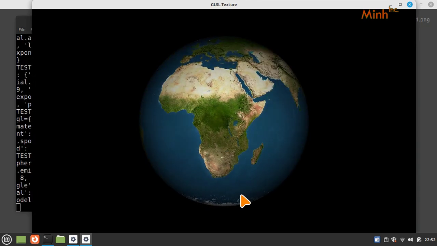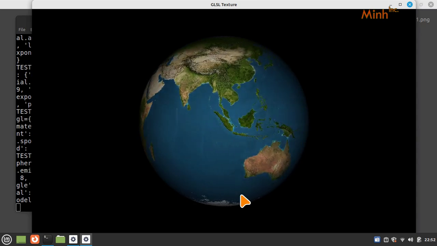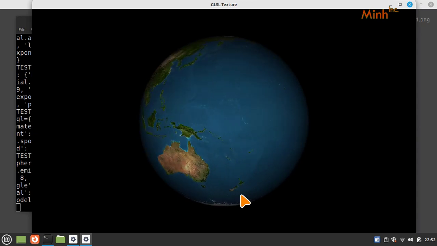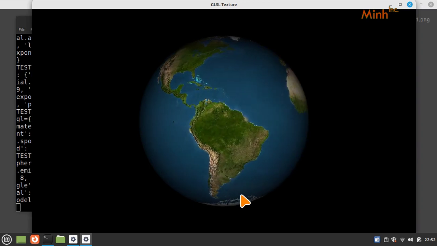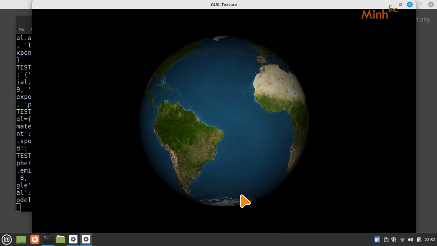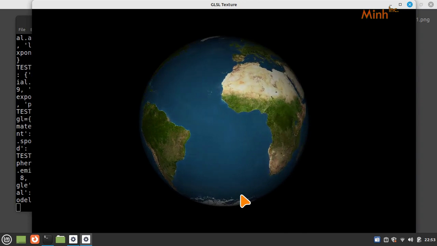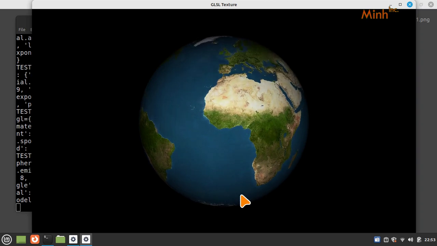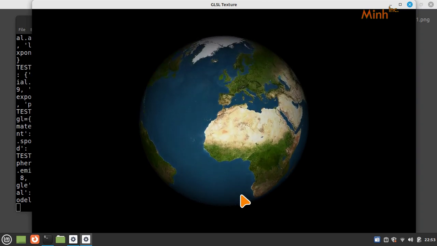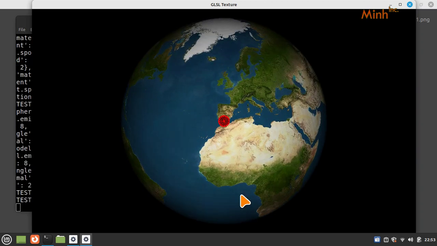One round it will make, it is becoming slower, and it should stop when it reaches. It is very slow now. It is really at some point in Spain. So this is the idea.